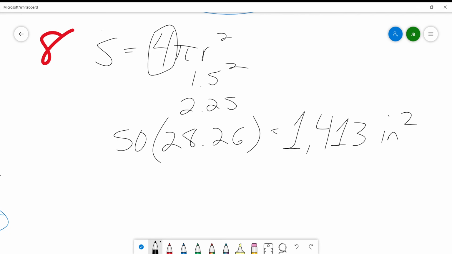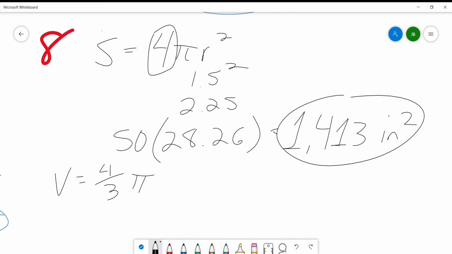I'm going to check my answer, see if that's right. Yes, inches squared. B, find the volume of 50. All right. So the volume equals 4/3 pi r cubed.